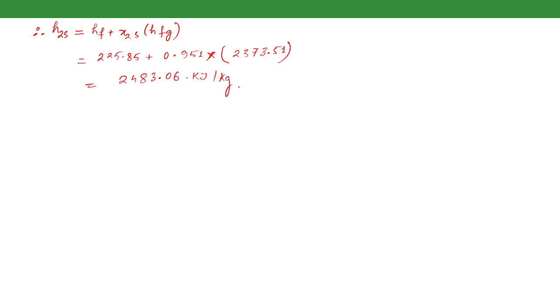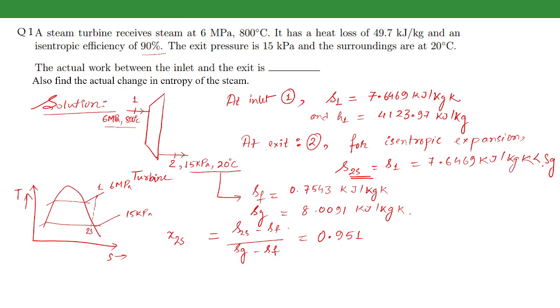Now, for an isentropic efficiency of 90%, we have to find out the actual work between the inlet and the exit.